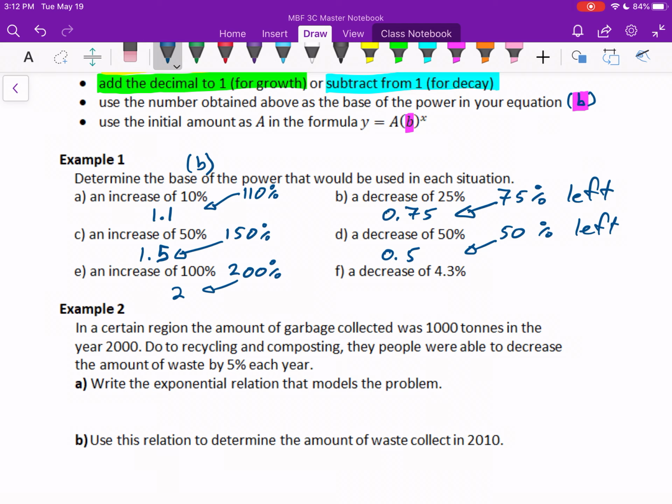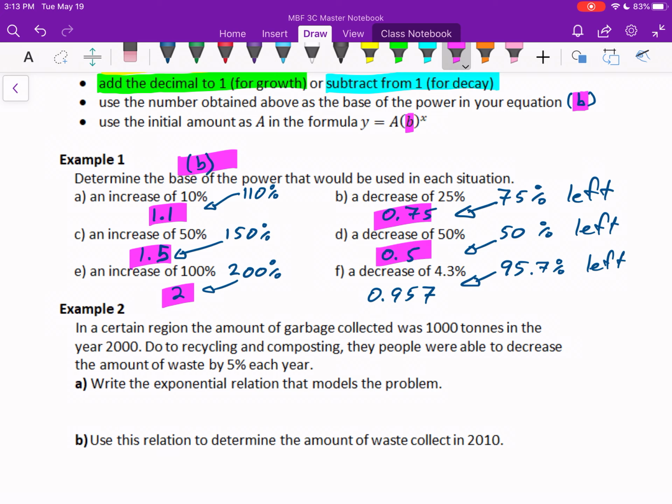If we take away 4.3% of something, we've got 95.7% of it left, which again, we need to express as a decimal. So in every one of these cases, this is our b value that we would put into the equation, okay? So if we were making an equation, it would be y equals a, whatever our starting amount is, and then what I've just highlighted in pink, what we just calculated, would be the base of the exponent.